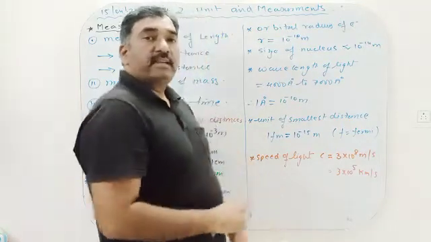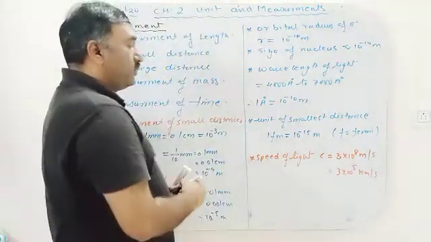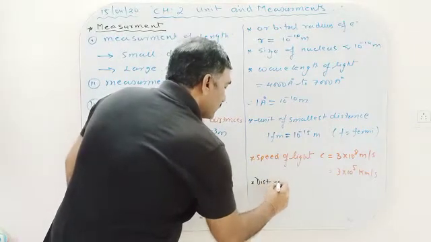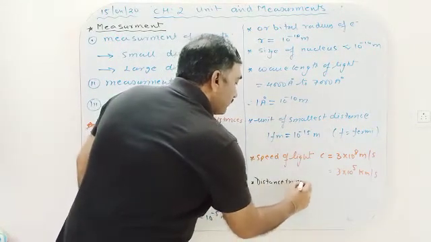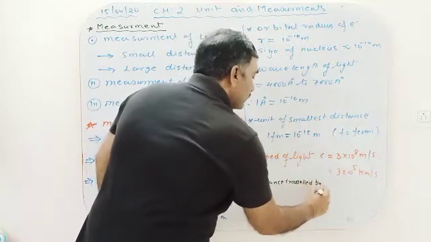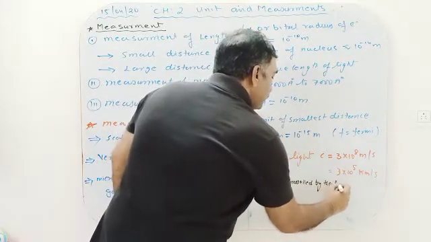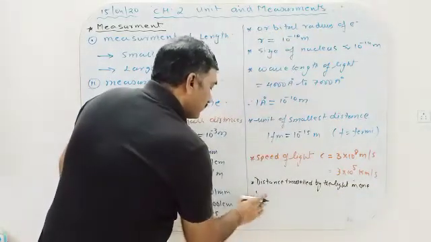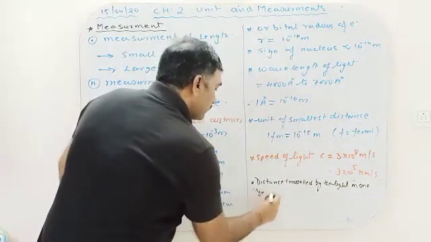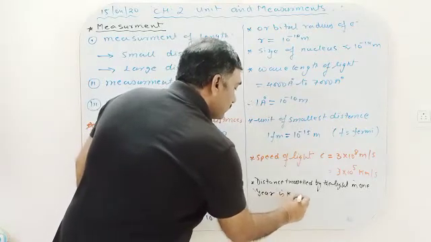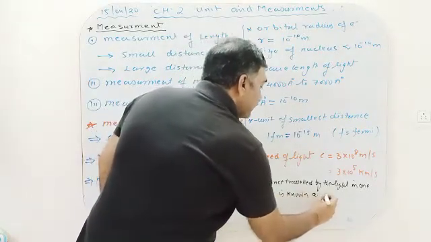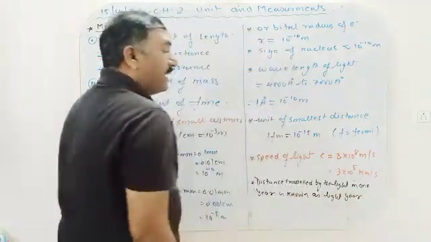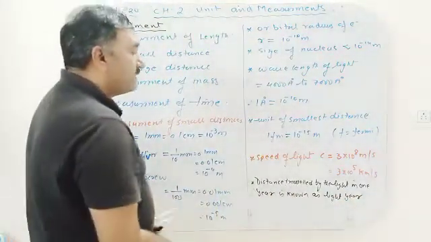And we know that the distance traveled by light in 1 year is known as a light year. How do we calculate this distance? It's very simple.